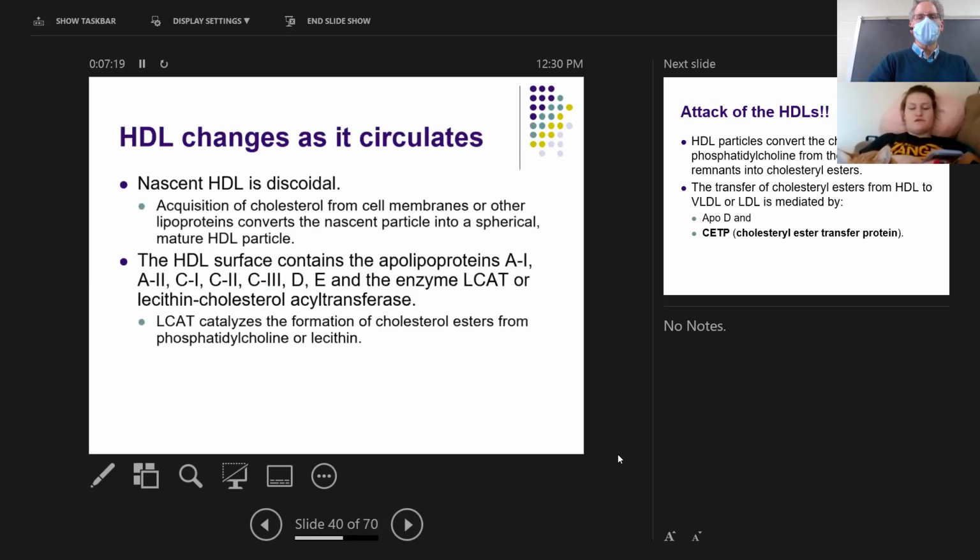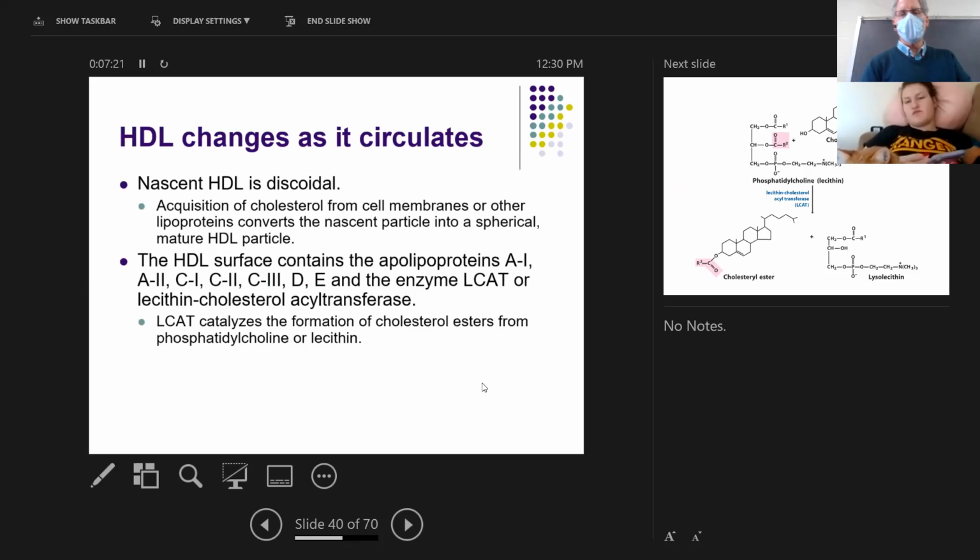And I didn't mention this, but as the HDL takes up cholesterol, it transforms. So it starts out discoidal, and as it takes up more cholesterol, it gets transformed into something that's spherical, like that, except prettier than that.